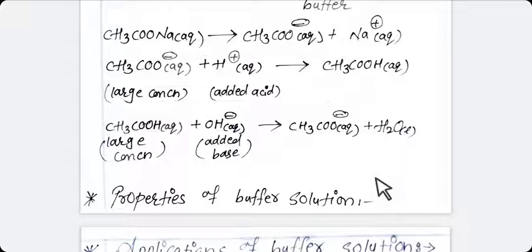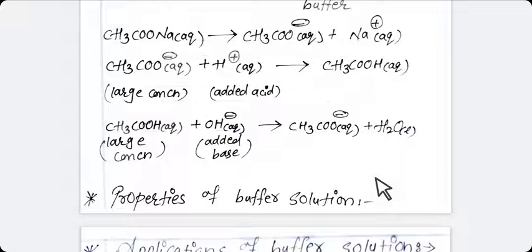As you have seen already in the reaction, when we are adding H plus ion, it reacts with acetate ion and produces acetic acid. OH minus ion reacts with acetic acid and produces acetate ion and water. So there is no change and the pH of the buffer remains unchanged.